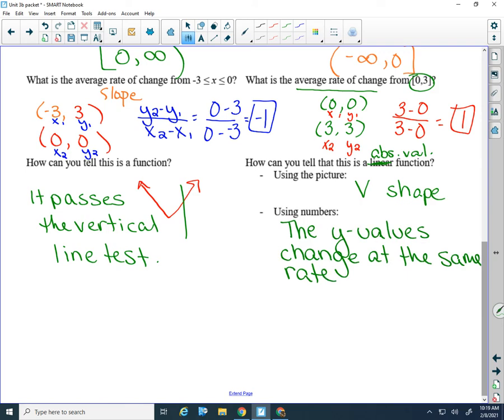And not just that, I'm going to say, and they switch direction. They go from increasing to decreasing or decreasing to increasing. They switch direction. I ran out of space, so I just said direct. So they switch direction.